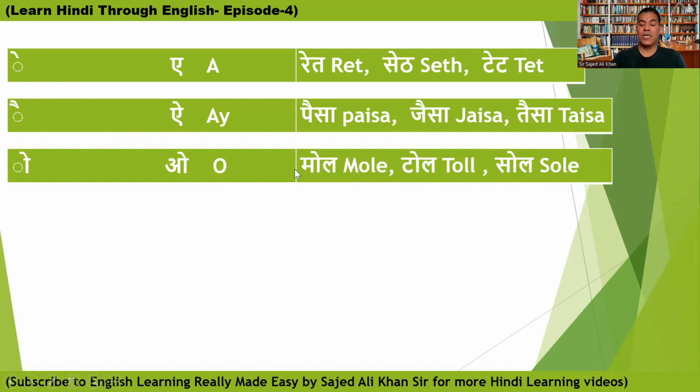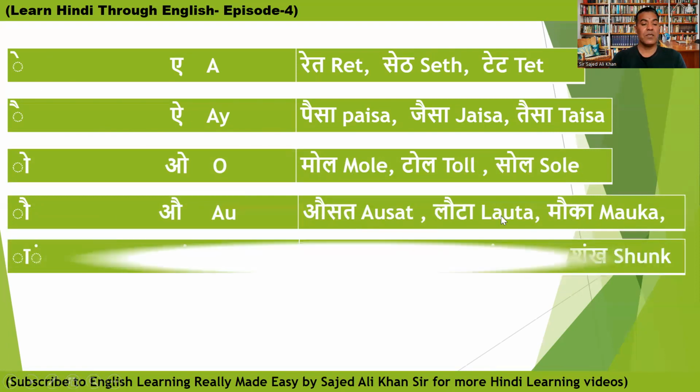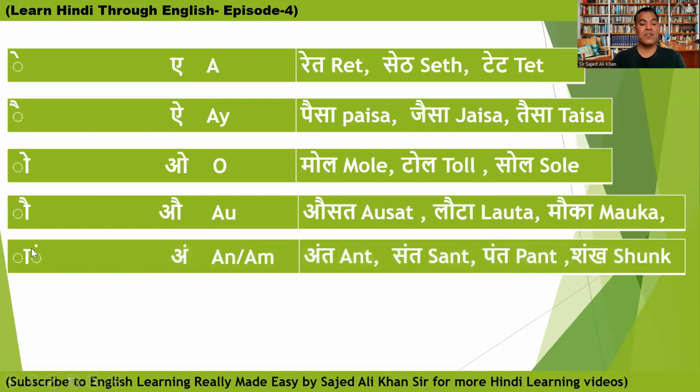Then if we have a double symbol like this, it will give the sound of O, like Osat, Lota, Moka.